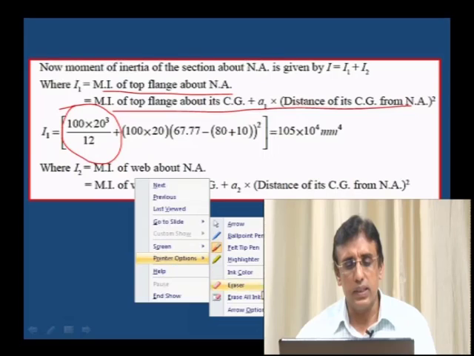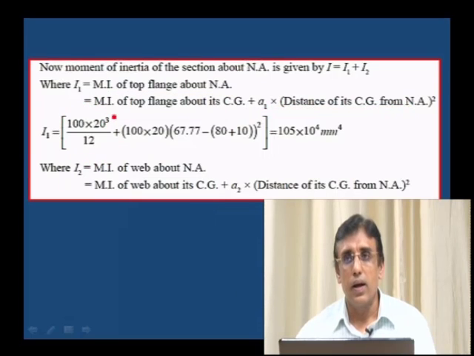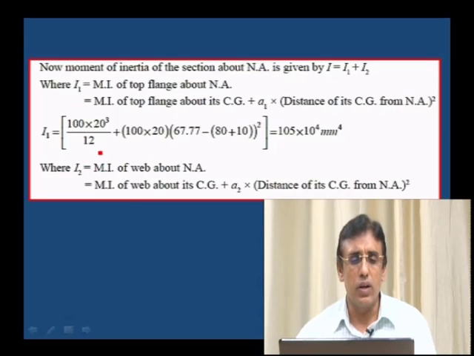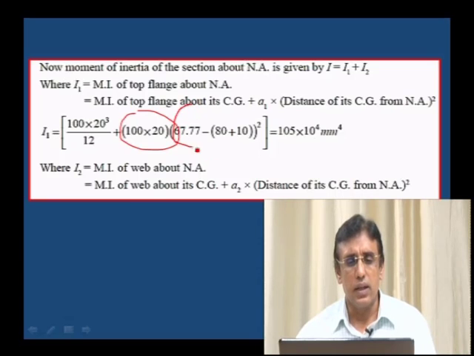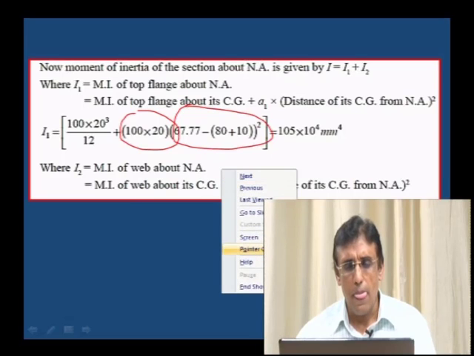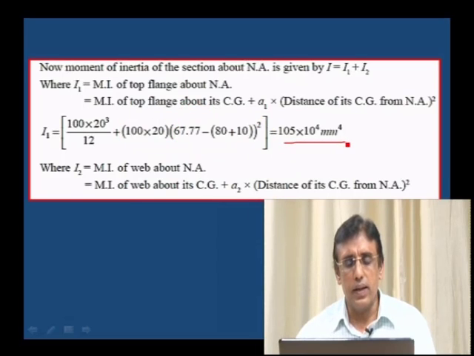First figure breadth is 100 and depth is 20. So 100 into 20 cube by 12 plus area of that figure, that is 100 into 20, into the distance from the neutral axis, that is (67.77 minus 90) squared. You will get the value of I1 as 105 into 10 to the power 4 mm to the power 4.